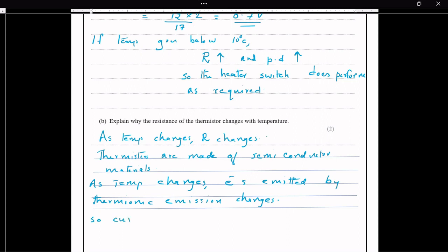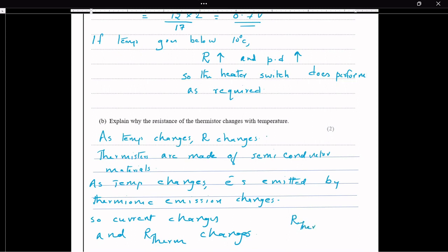So current changes, and resistance of the thermistor changes, because resistance of the thermistor is proportional to the temperature.